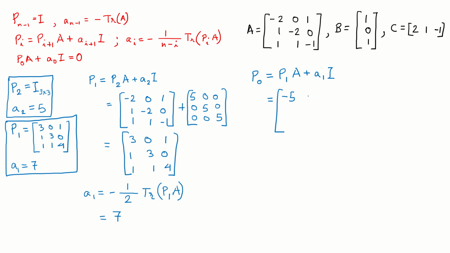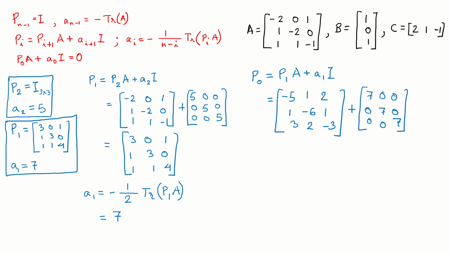P1A you have already calculated and then in the next step you have to use that. So this was P1A as we have calculated and A1 is 7, so this is 7 7 7 in the diagonals and all the other elements as 0.